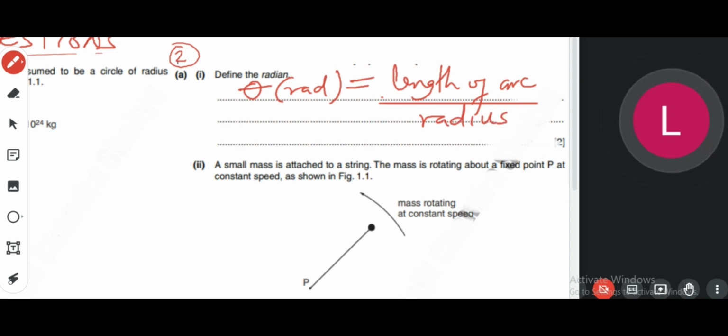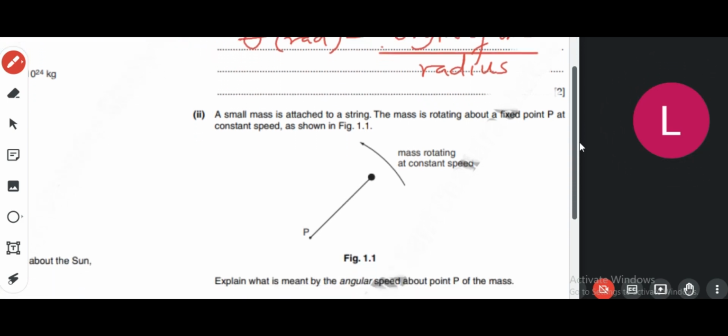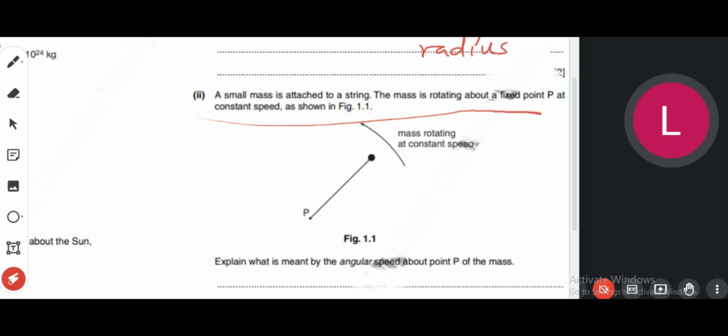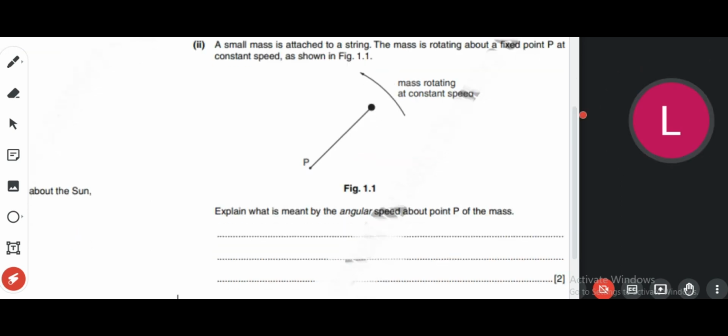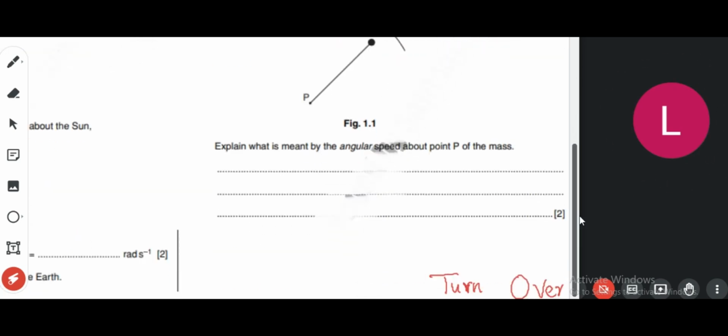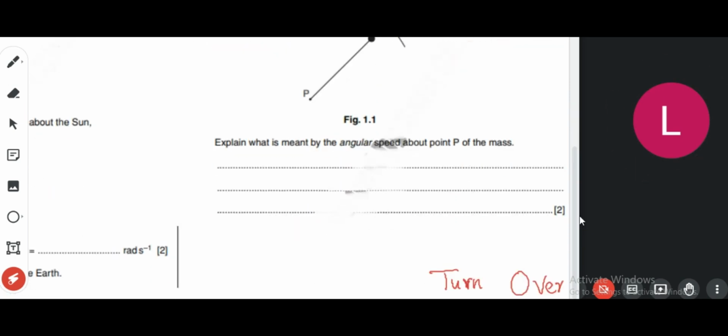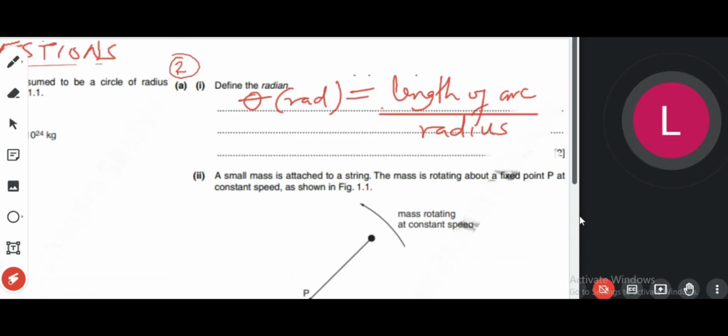We've already defined that, just to remind you. It also says a small mass attached to a string is rotating about a fixed point P, and it says explain what is meant by angular speed about point P of the mass. Okay, let's turn over and see another question.